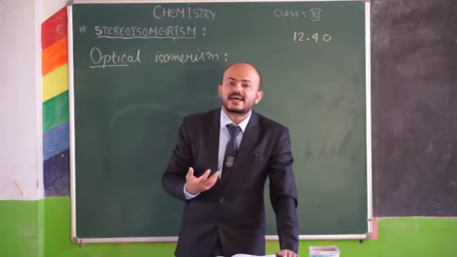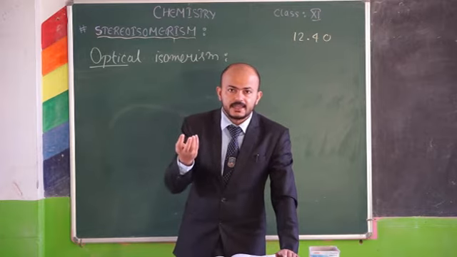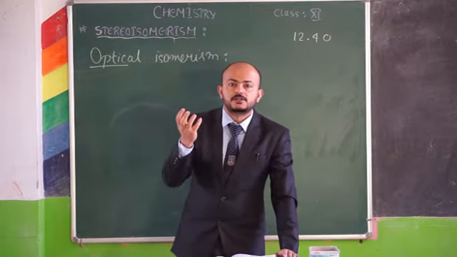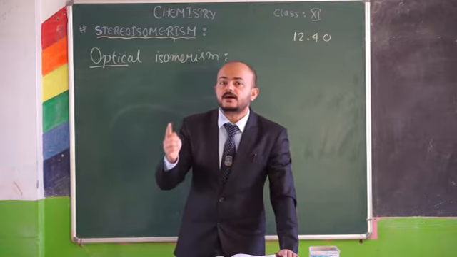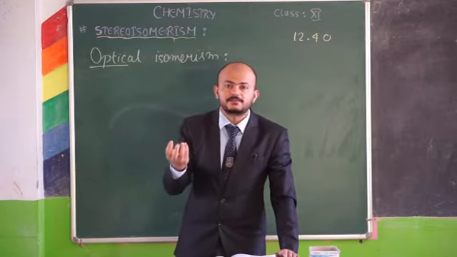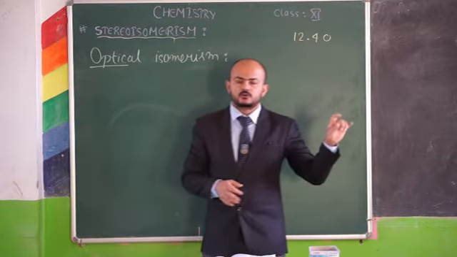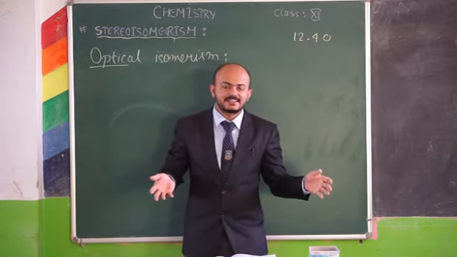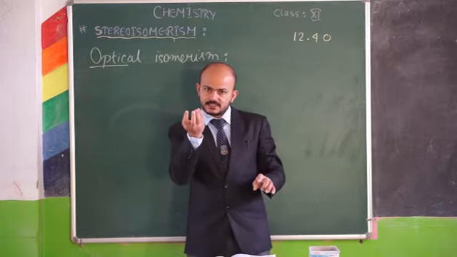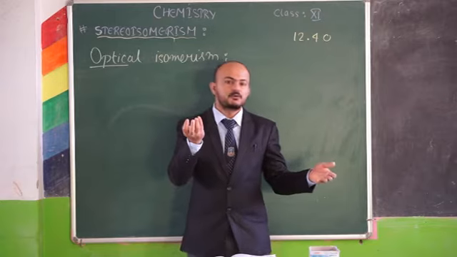So whenever monochromatic light is passed through such an organic compound, if this organic compound rotates the plane of this polarized light, then this compound is said to be optically active. Very simple. Monochromatic plane polarized light is passed through this organic compound kept in such a container, here we call it a polarimeter.